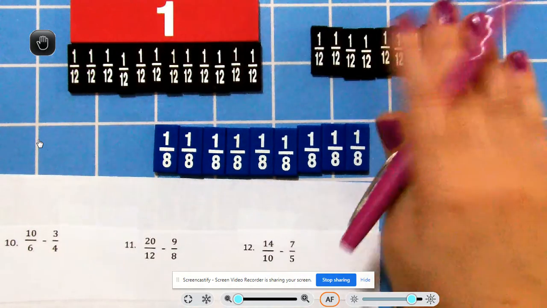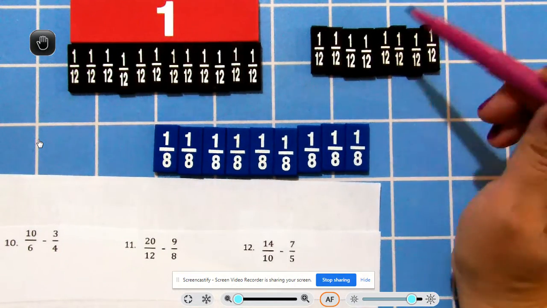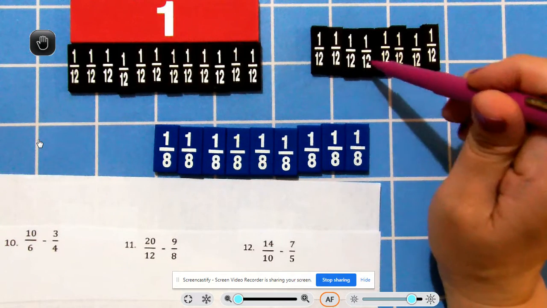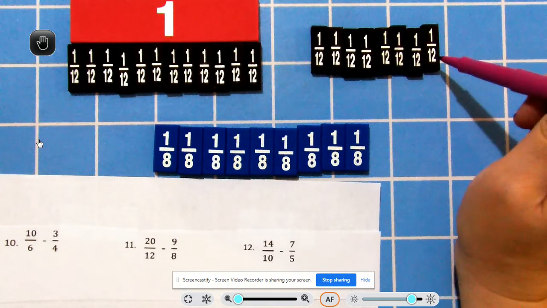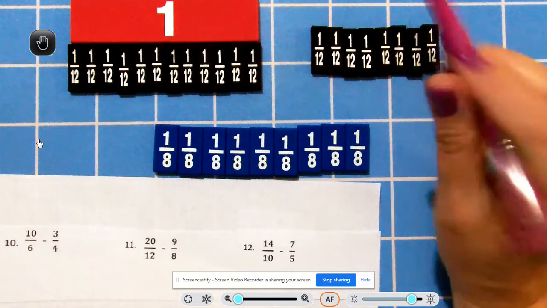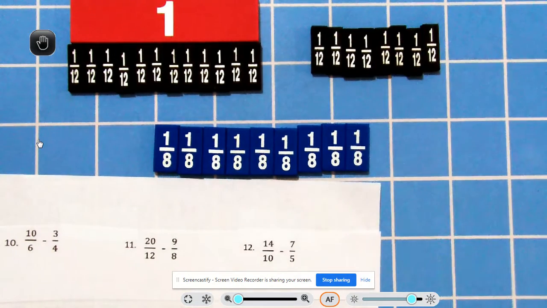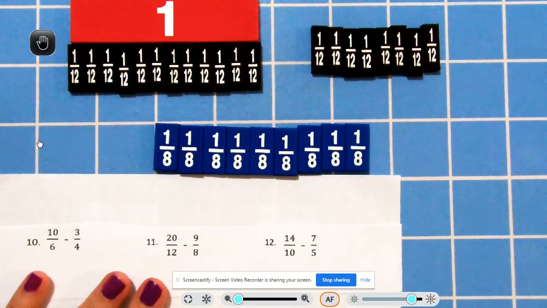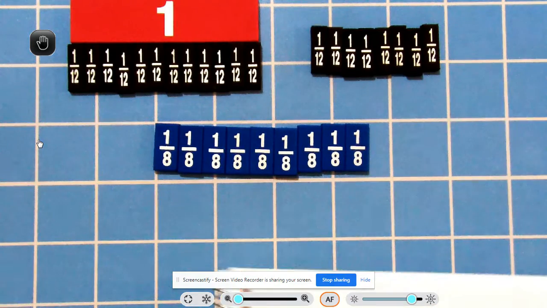And let's see if we have another 12 pieces. 1, 2, 3, 4, 5, 6, 7, 8. So we can't get another 1 whole piece out of this. So this is the part that's left over. So 20/12, I'm going to write that here on my notebook.